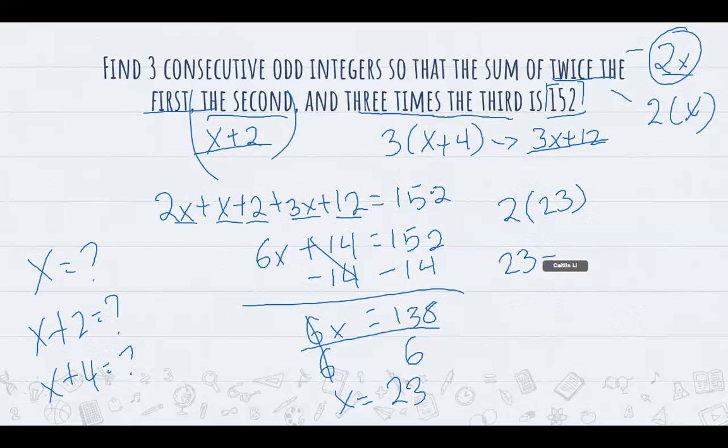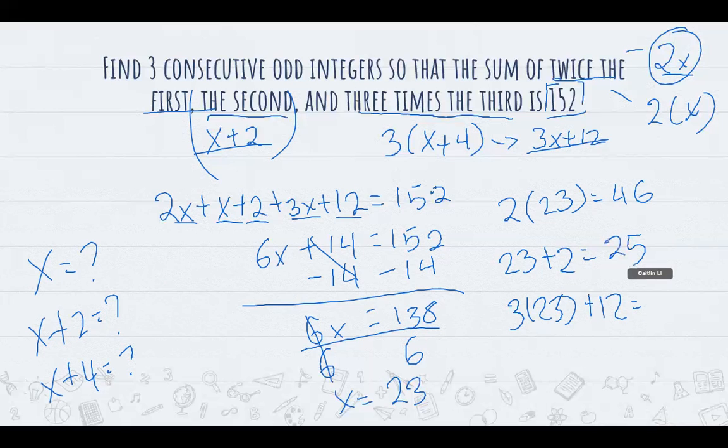So 2 times 23, then 23 plus 2, and then 3 times the quantity 23 plus 4. So 2 times 23 gives us 46. 23 plus 2 gives us 25.